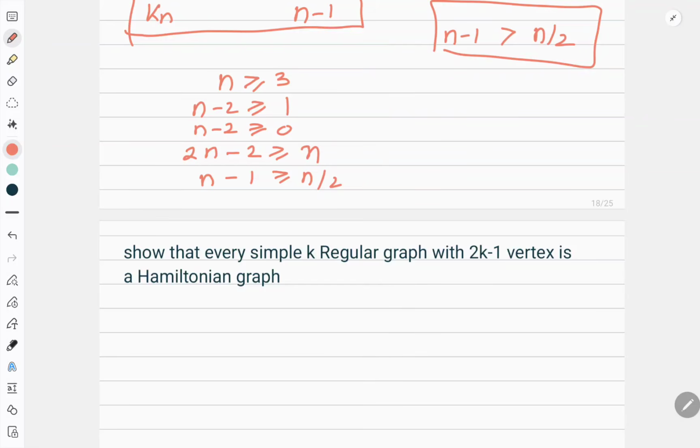Since it is k-regular, every vertex has degree k. Now we know that k is greater than k minus 1 by 2. Obviously, if I subtract something, it becomes smaller. Taking 1 by 2 common, 2k minus 1 over 2, so k is greater than that.